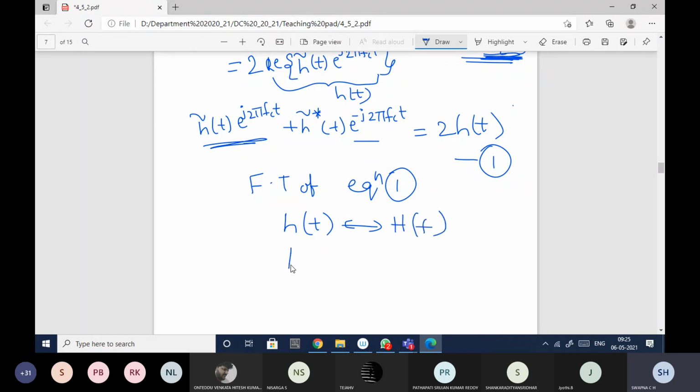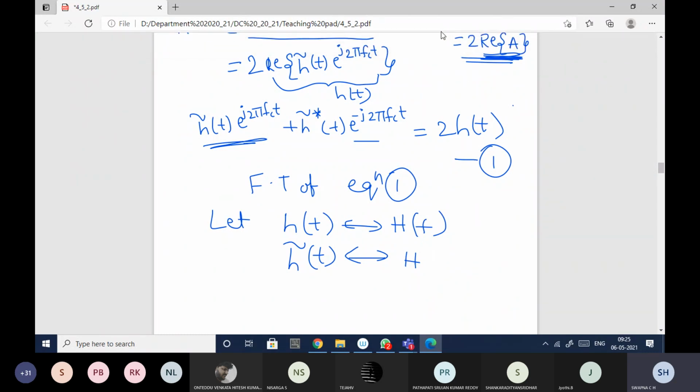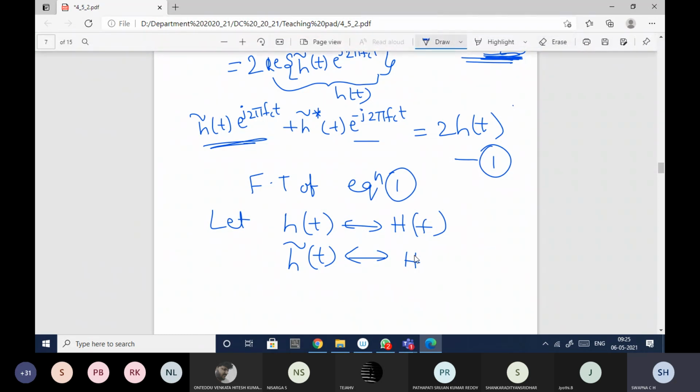In the same way, let the Fourier transform of h tilt of t be H tilt of f.